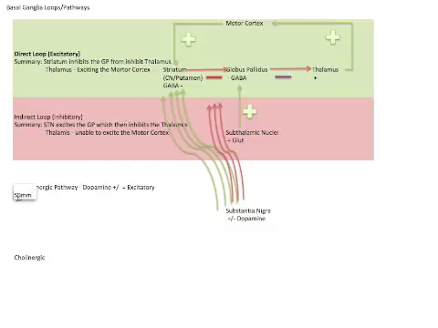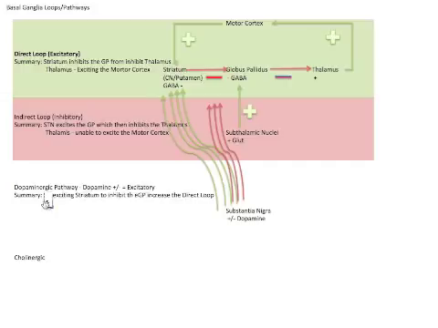So to summarize, we have the substantia nigra exciting the striatum to inhibit the globus pallidus and increase the direct loop.